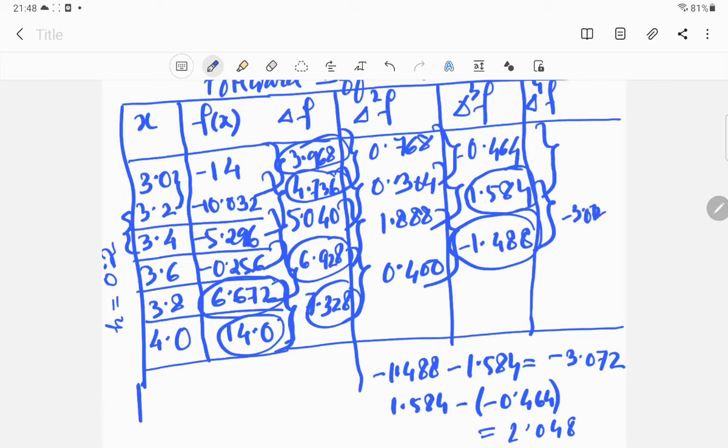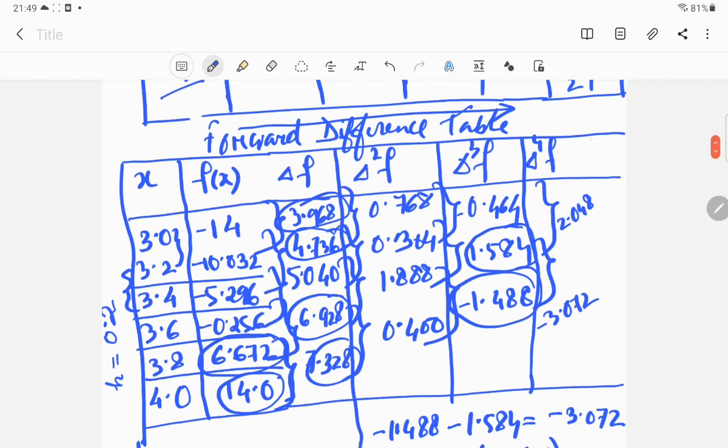Let me write it more clearly: this is minus 3.072 and this one is 2.048. That means we still have one number left.